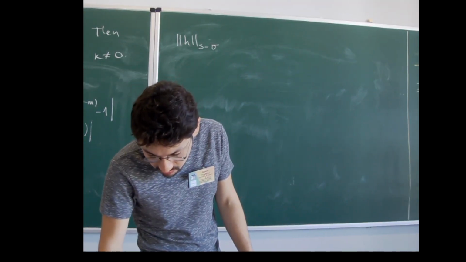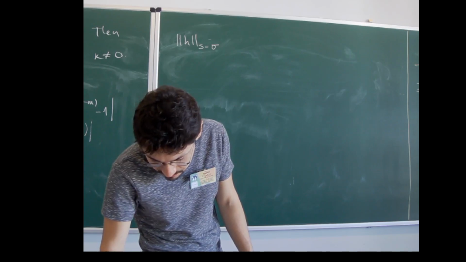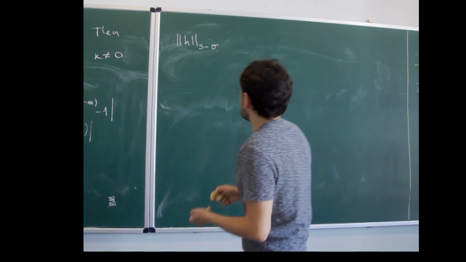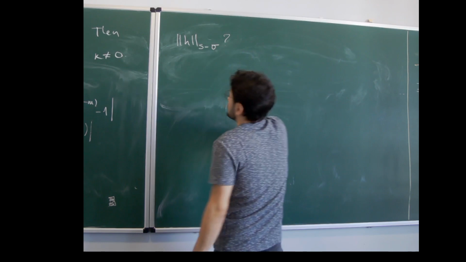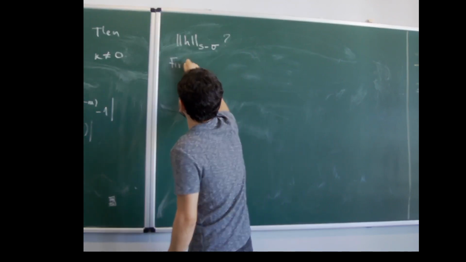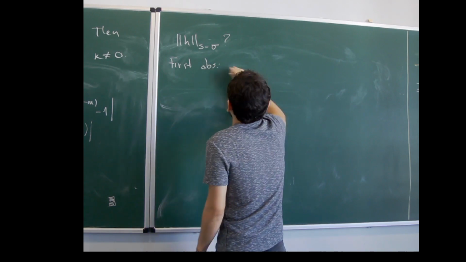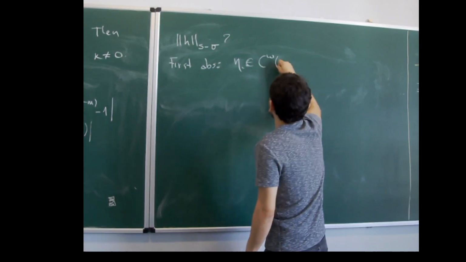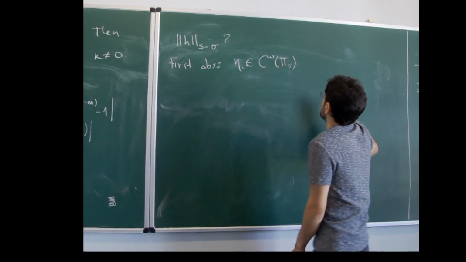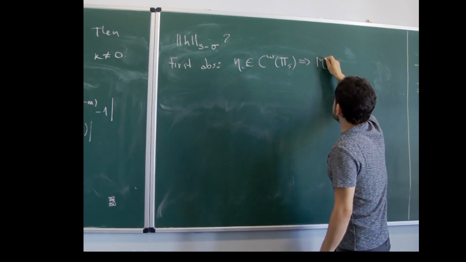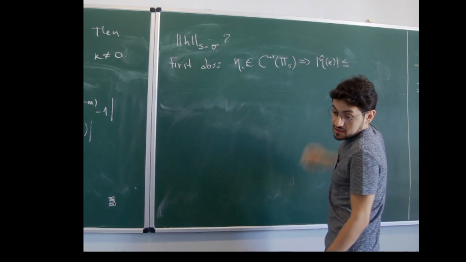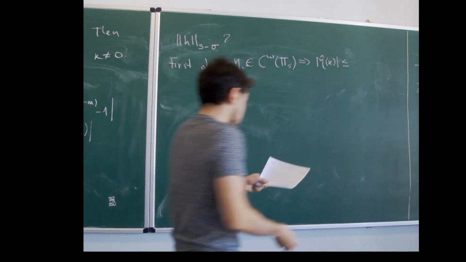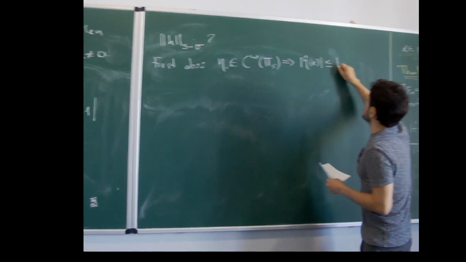So what do I need to know about these coefficients? So I want to estimate this, and the first observation is, since eta belongs to this space, then I can say that this decreases like this.